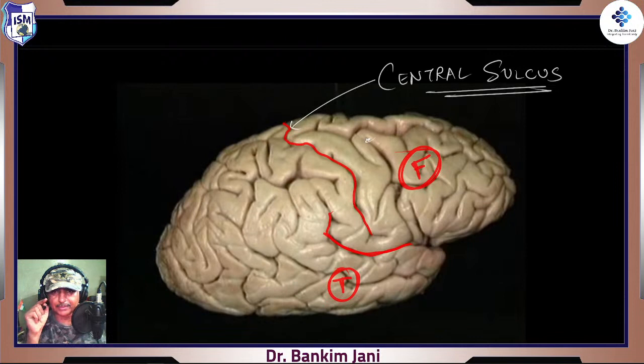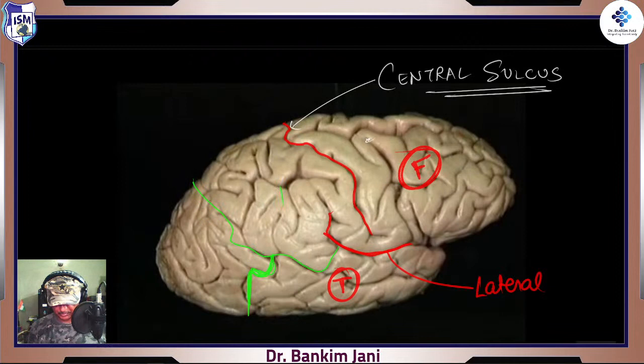So the point is that there are clean-cut boundaries between frontal and temporal. However, for the parietal and the occipital, they are very arbitrary. They are not very well defined. It is just like a continuation, right?